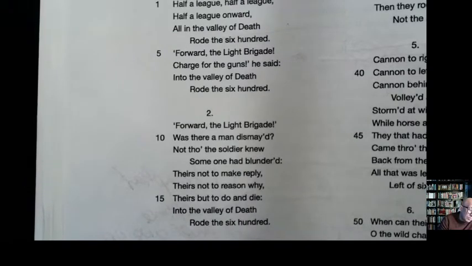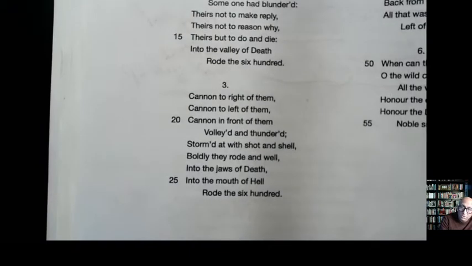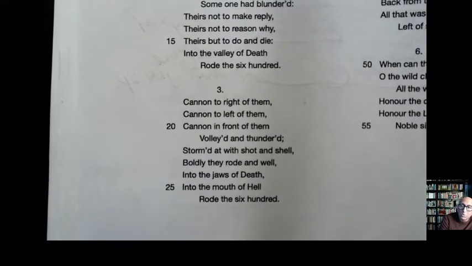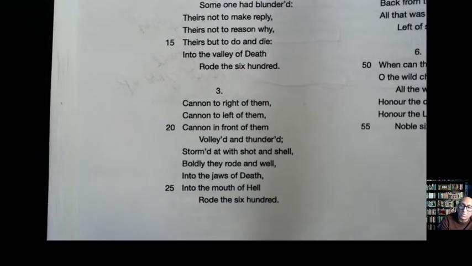Into the valley of death rode the 600. Cannon to the right of them, cannon to the left of them, cannon in front of them, volleyed and thundered, stormed at with shot and shell. Boldly they rode and well, into the jaws of death, into the mouth of hell rode the 600.